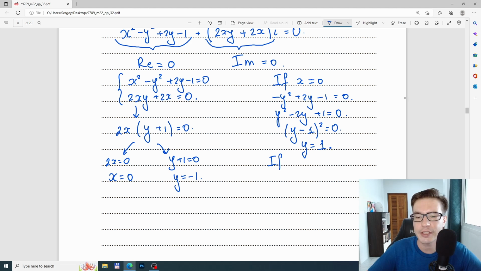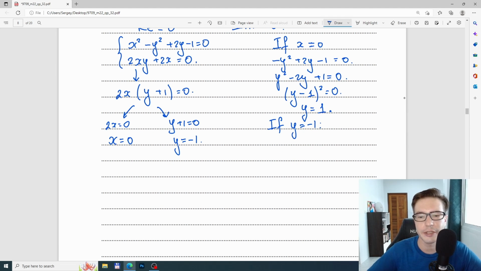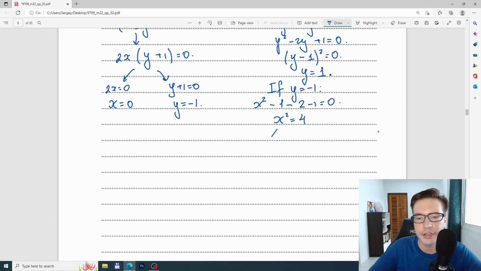Now, the second case, if y equals to negative 1, again substitute this into the first equation, we will get x squared minus 1 minus 2 minus 1 equals to 0. So that means x squared equals to 4, x equals to positive 2, or x equals to negative 2.